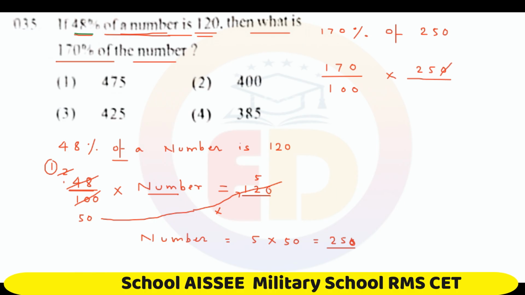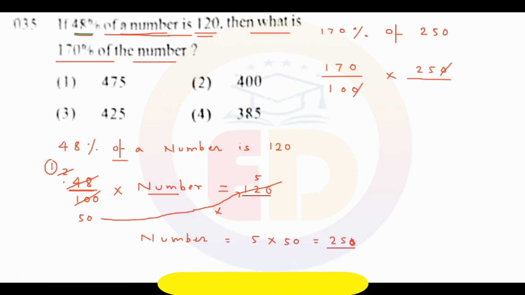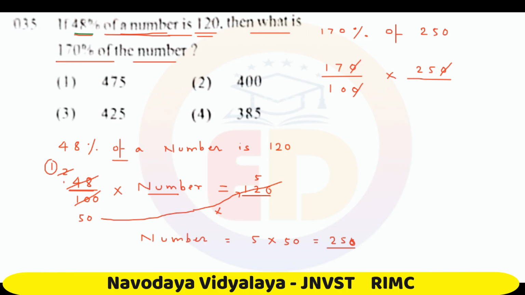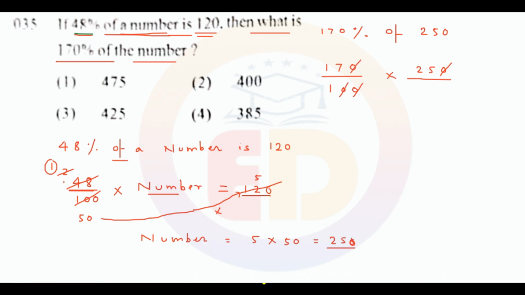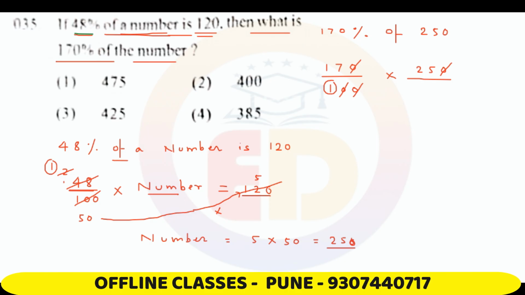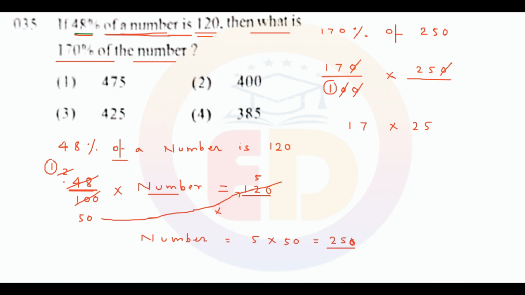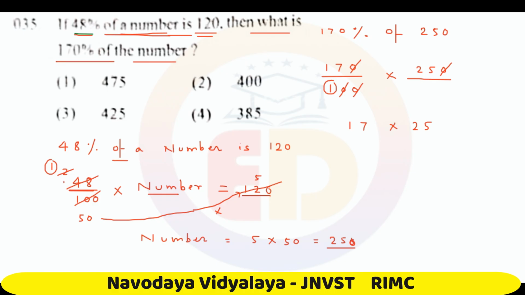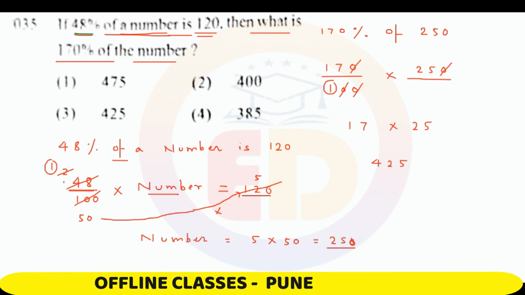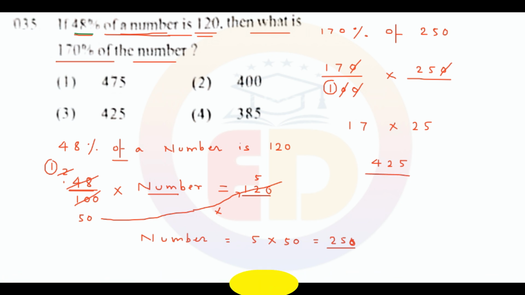Cancel the 0 of 250 with the 0 of 100 and cancel the 0 of 170 with another 0 of 100. In the denominator, 1 can be ignored. To find out the answer, multiply 25 and 17. 25 into 17 is 425. Our answer is option 3.